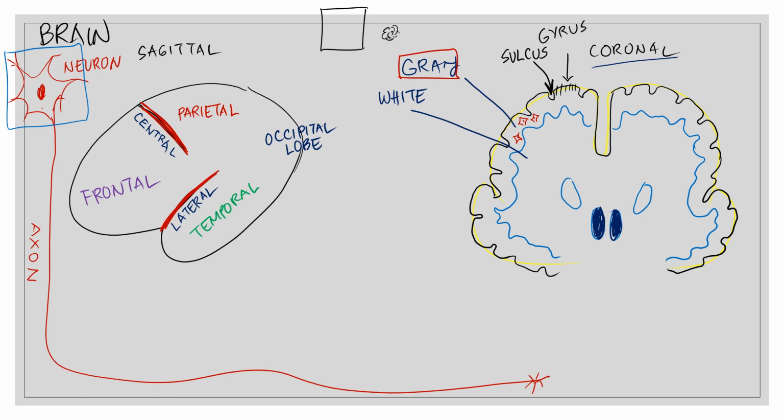And your white matter is where you find these. So the axons, your white matter is usually made up of axons from these nerve cells. Now, question is, why white? Because they have found out that when you stain them, they stain white.